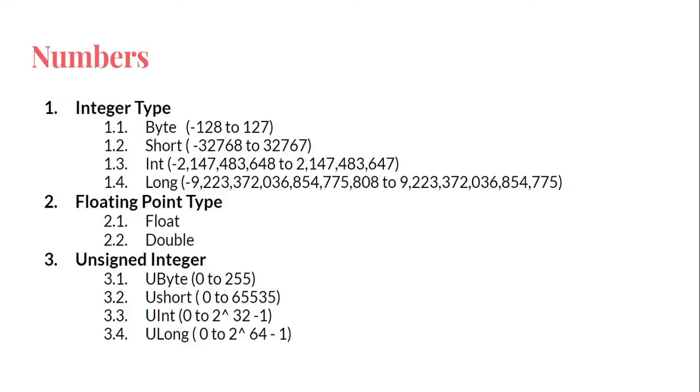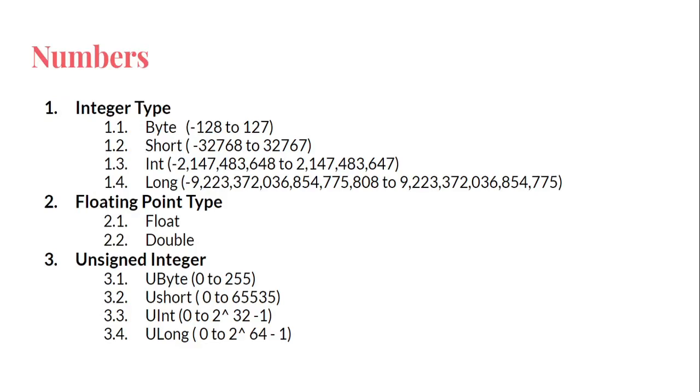For example, in integer type byte you can store up to 127, but in unsigned integer type you can store up to 255. And similarly in short and unsigned short, you can store up to 32767 and it doubles up to 65535. So that is the basic difference.